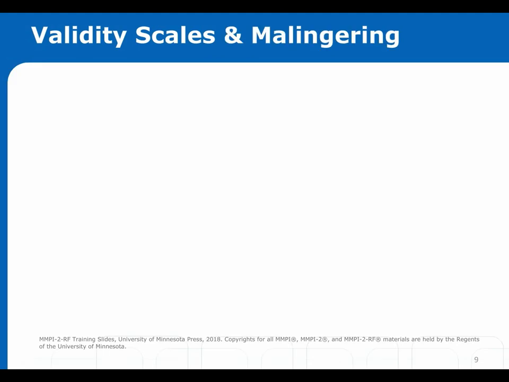Before we move on from the validity scales, a brief discussion of how the validity scales are associated with malingering is needed. So malingering, of course, is the gross exaggeration or fabrication of psychological problems for some external gain. Examples of external gain would be something like, for criminal defendants, obtaining a reduced sentence or a not guilty by reason of insanity verdict, or for disability claimants, obtaining disability payments.